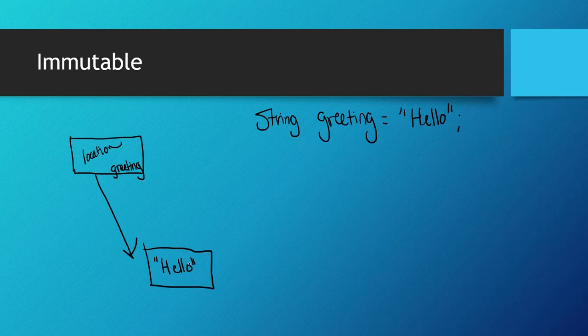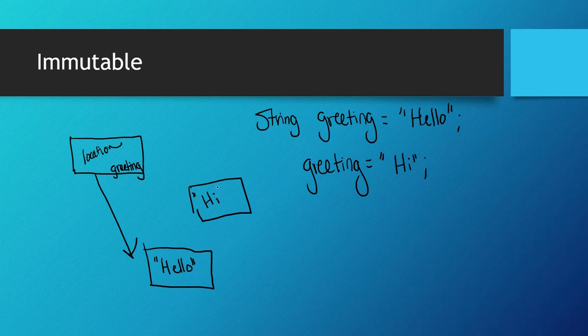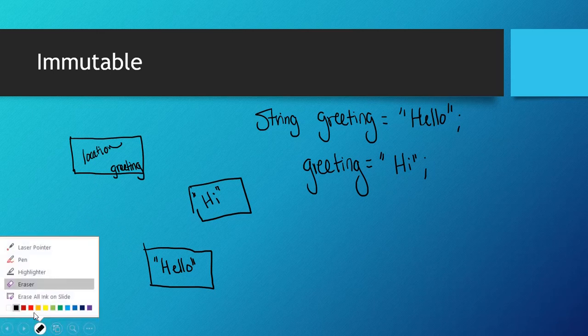Now, what do I mean by immutable? What happens is if I would somehow change greeting to something else, let's say instead of hello, we change it to hi. So hi will be created right here. And the reference variable is no longer going to point at hello.